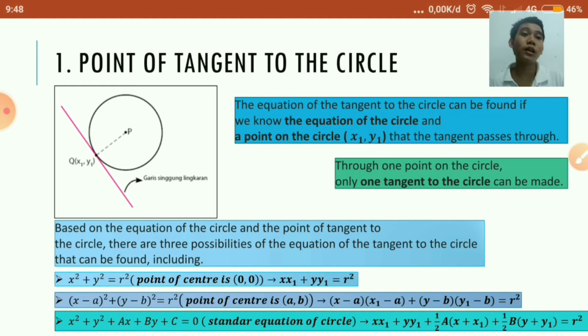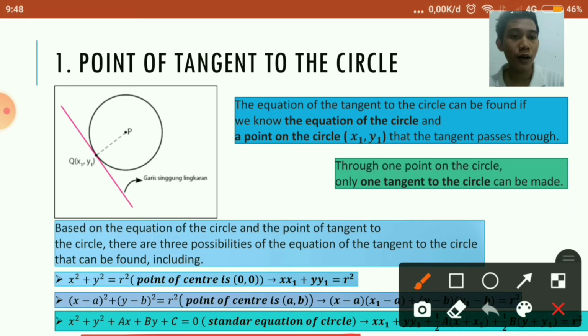We can know the equation of the tangent to the circle is x times x1 plus y times y1 plus half times a times (x plus x1) plus half times b times (y plus y1) equals r squared. And here you are.